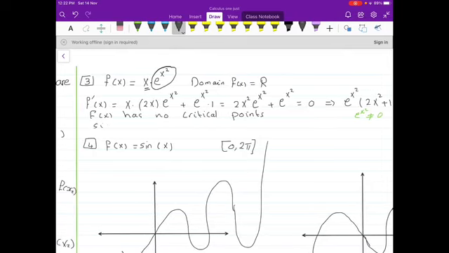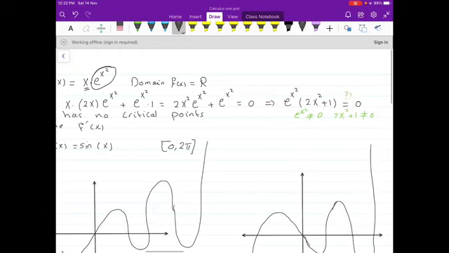Now, we want to study the sign of f prime x. Notice f prime of x is always positive. Why? e to the power x squared is positive. 2x squared: x is any number, x squared is always positive, times 2 is a positive number. If you add 1, you get a positive number.